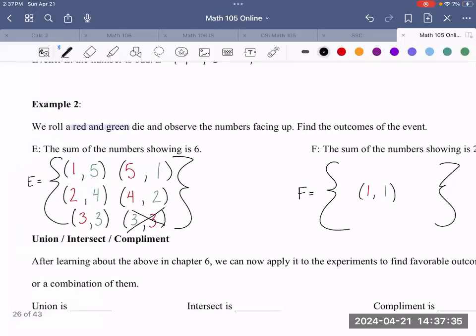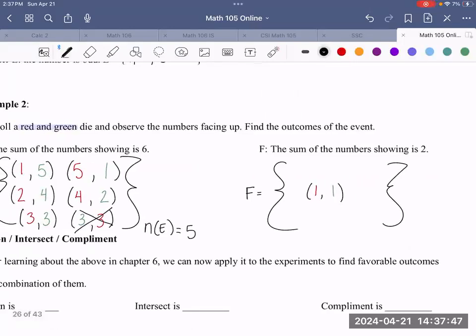Now, if we're asked for the cardinality, how many different ways can this happen? Well, we have 1, 2, 3, 4, 5 different ways here. And over here, we only have one way of it happening.